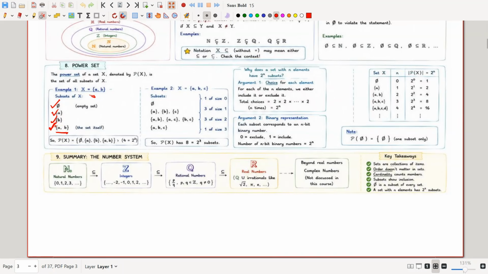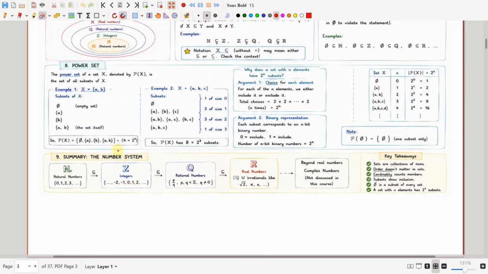So P of X will be the set of all subsets of X. So P of X is equal to the set of the empty set, {a}, {b}, and {a, b}.